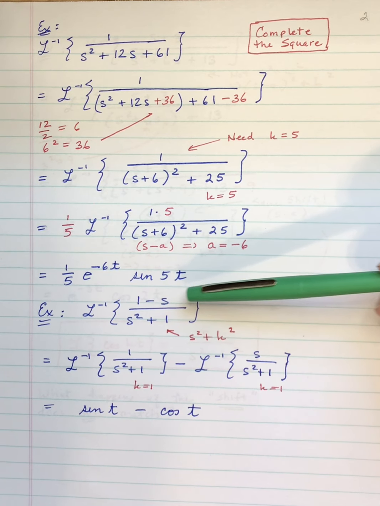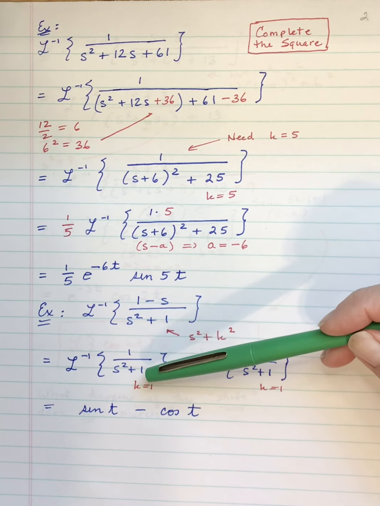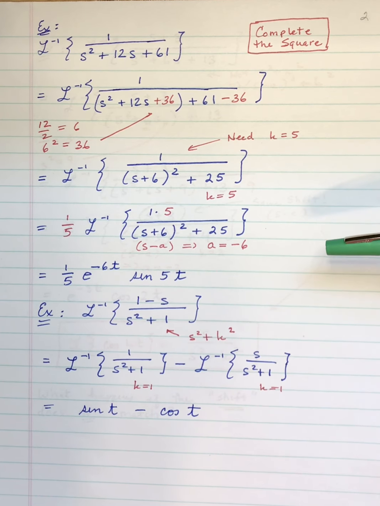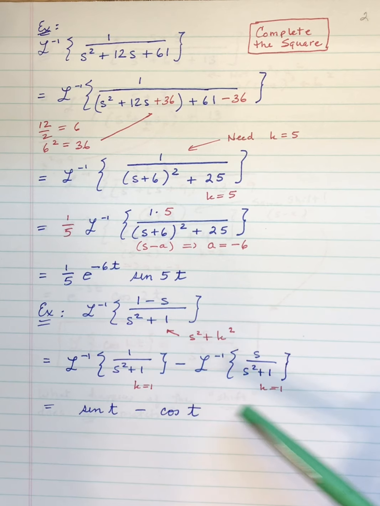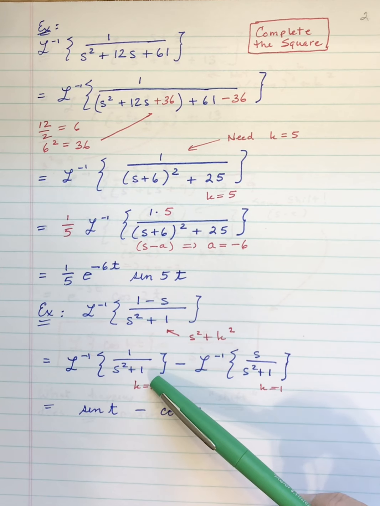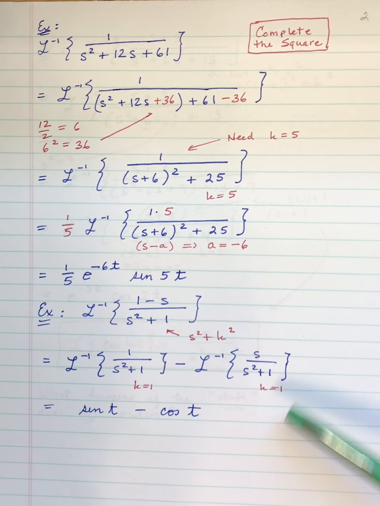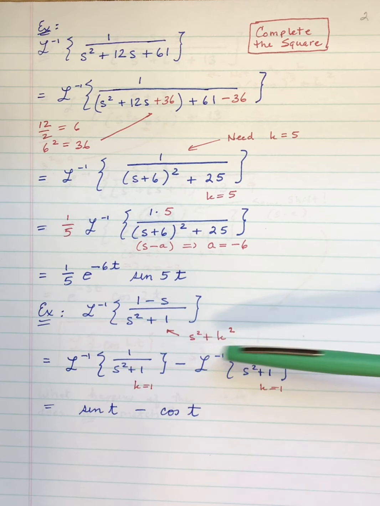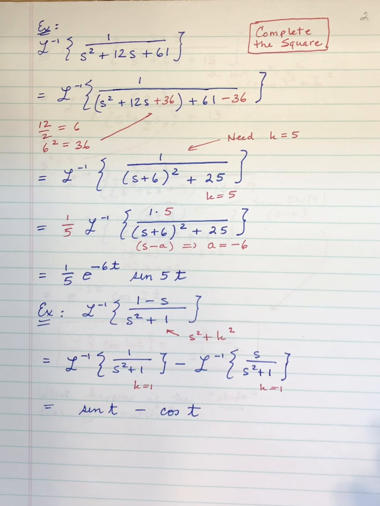We could rewrite this fraction as 1 over s squared plus 1 minus s over s squared plus 1. And now we know the inverse Laplace transform of each of those expressions. That's just the sine of t, because k is 1, and this is cosine of t, k is still 1. So in that case, just rewrite it and get two inverse Laplace transforms that you know.